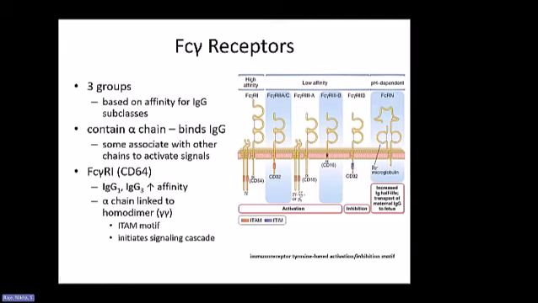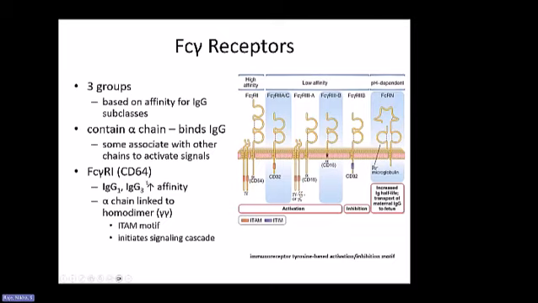These have various chains, and the structures are a little different from each other, but all of them have this alpha chain that binds to the IgG, right? So that part is the same.